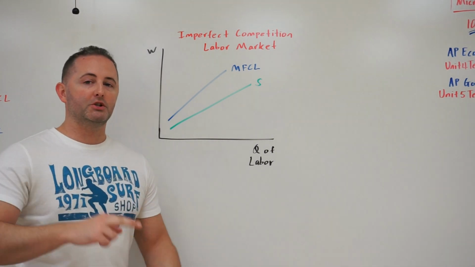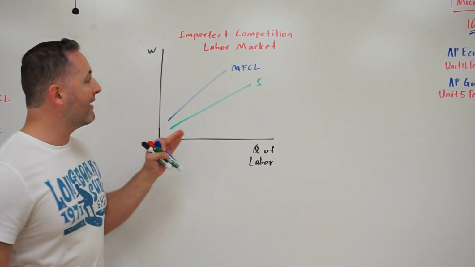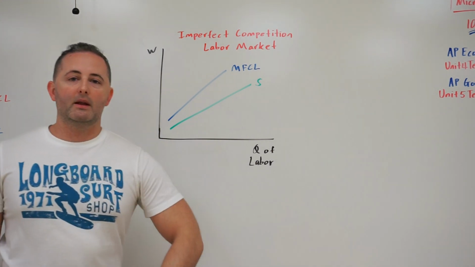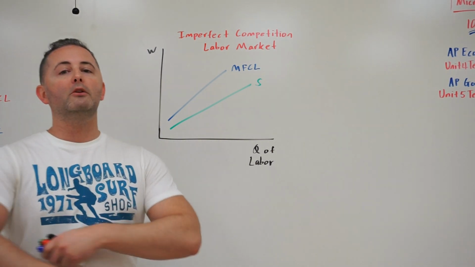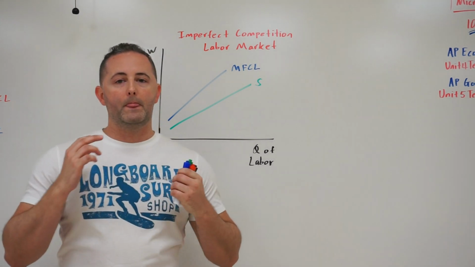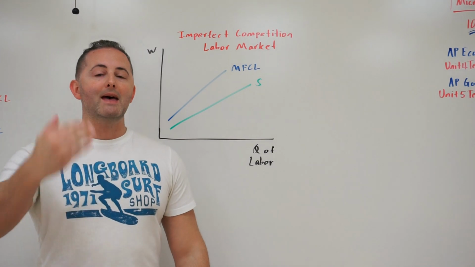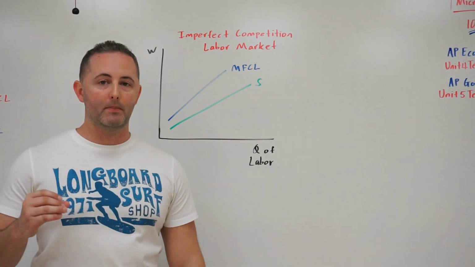In imperfect competition, monopoly, monopolistic competition, and oligopoly, it does not work that way. We have an upward sloping supply curve, and then we have an MFCL that is not exactly the same as the supply curve. So why is this? The main reason is because the firms here are not price takers. That means that as they want to employ more units of labor, they have some market power.